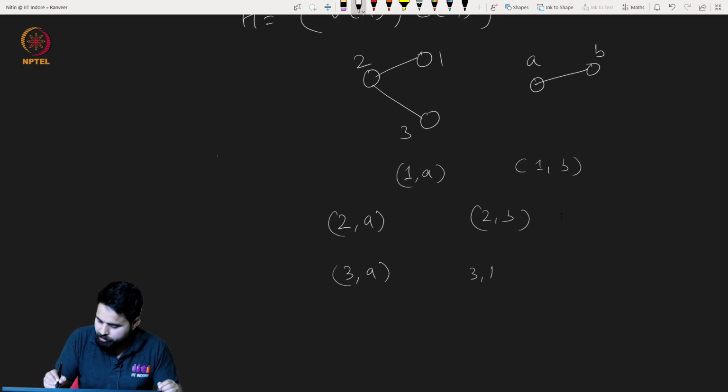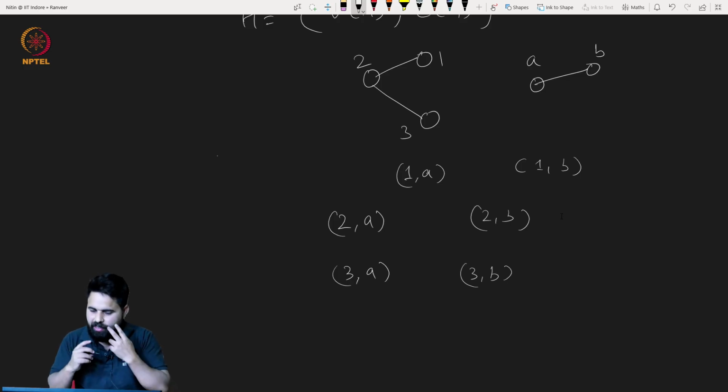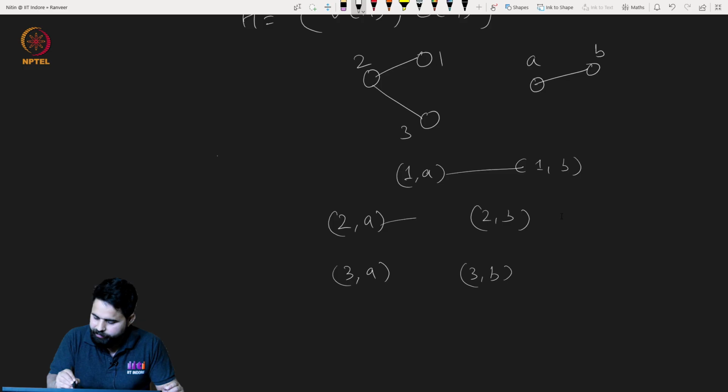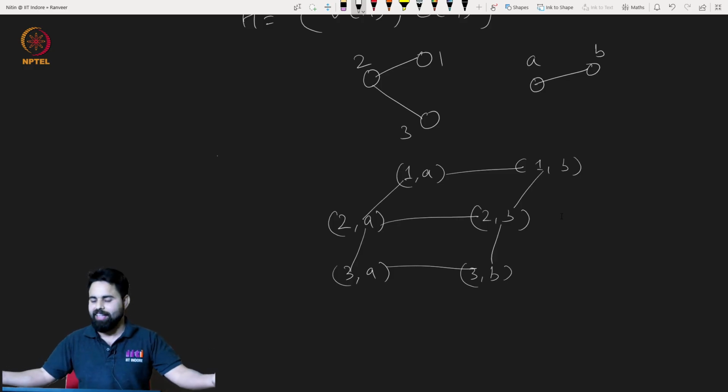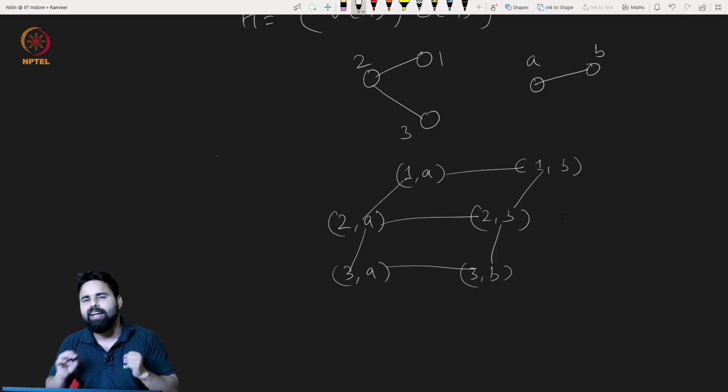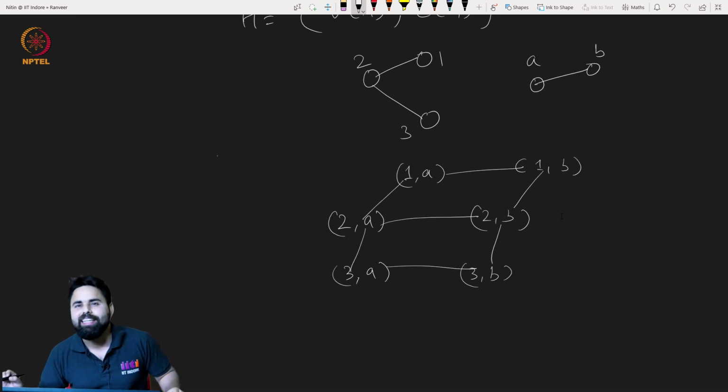Now just focus on the drawing of how I am doing it. The first coordinate 1 is the same, so A and B have an edge. In fact, all of these will have edges. Then this A is the same, so this has an edge, and similarly this. So this will be the Cartesian product. Just look at it, and now let us formally define it.